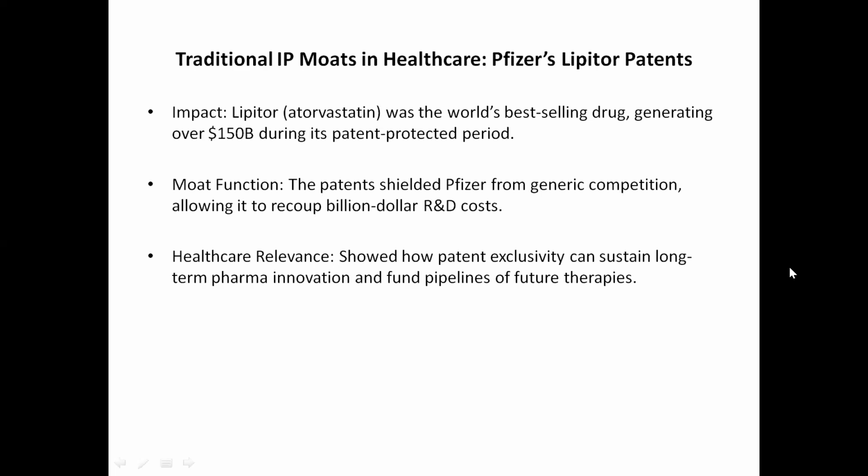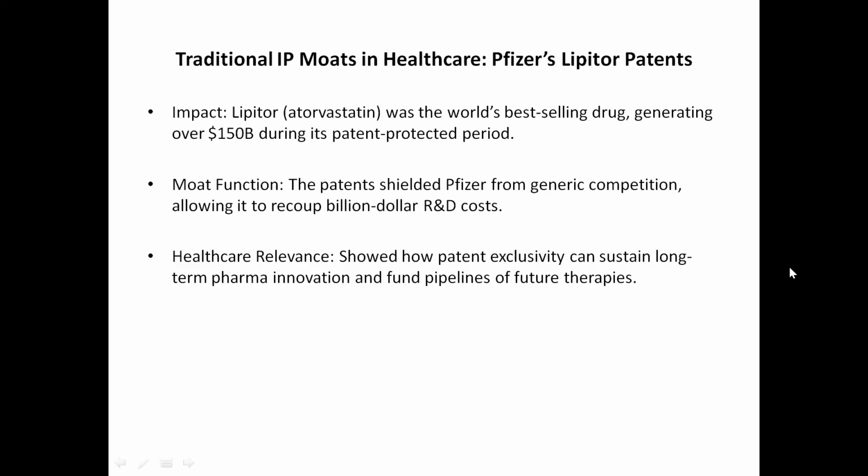The main function is that the patent shields from generic competition, because once the 20 years of exclusive right is over, you no longer have any right that can be exercised. Then generic drugs just copy yours, and your price will go down, because you can no longer compete with other generic drugs.